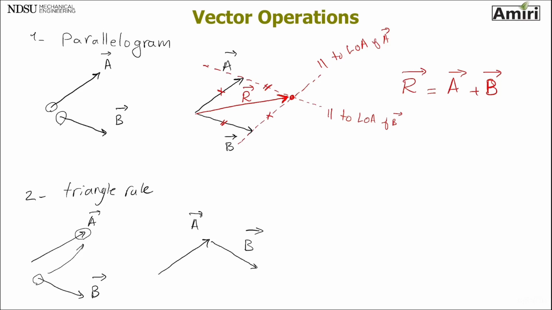And now all you have to do is connect the tail of A to the head of B, and this is your vector R, A plus B. So if you look at these two laws, they're basically the same thing.